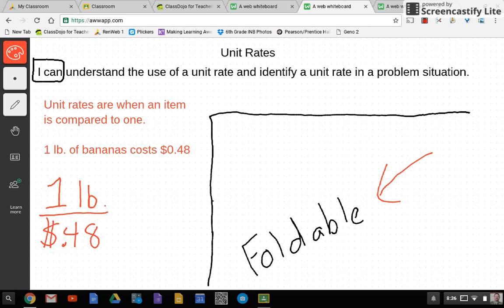So I'm going to put 0.48 right there. That is very important because that would make it 48 cents. So the ratio would be 1 pound to 0.48, making sure I've got my decimal there. So that is a unit rate because it's 1 pound of bananas. If it were multiple pounds of bananas, we couldn't get the unit rate with it unless we divided.